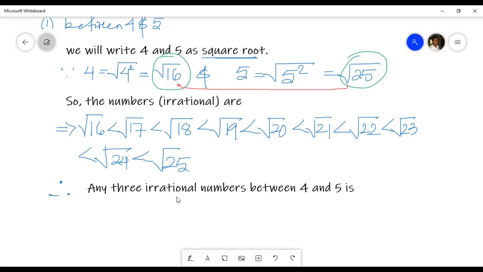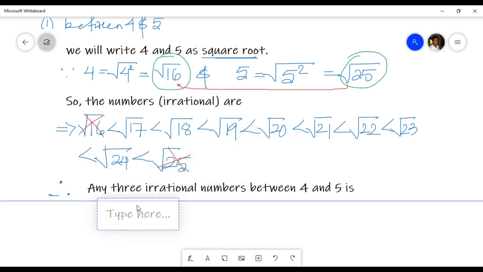So any three irrational numbers between 4 and 5 can be any root between 16 and 25, but they should not be perfect squares.